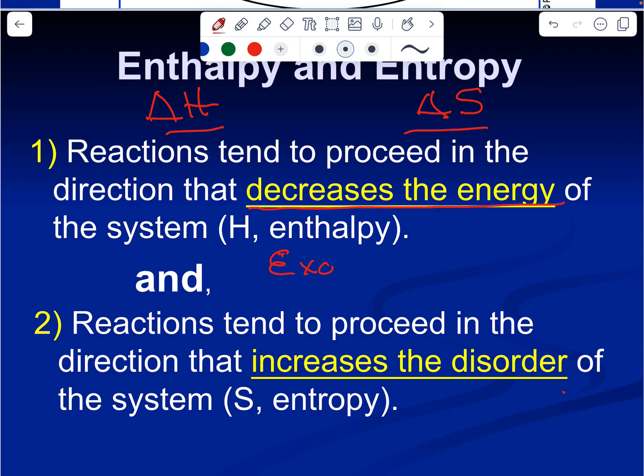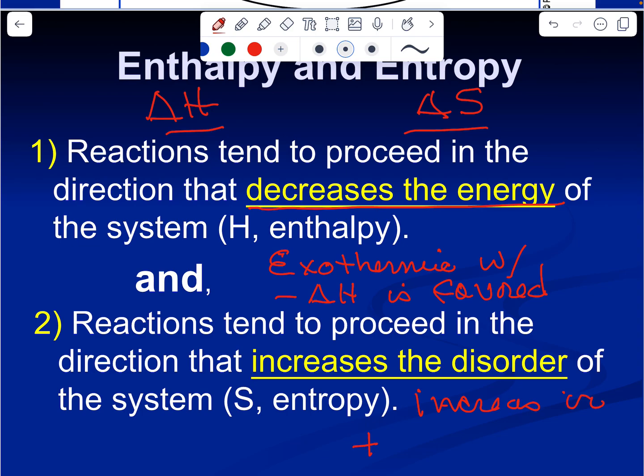That means an exothermic reaction with a negative delta H, because that decreases, is favored. And an increase, or a positive delta S, is favored.